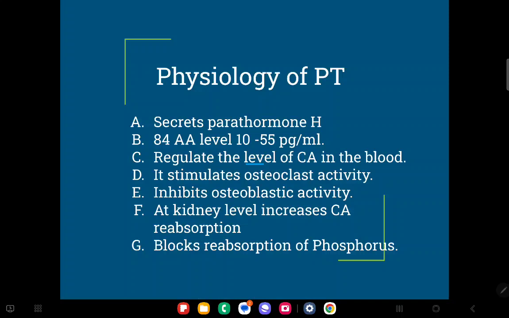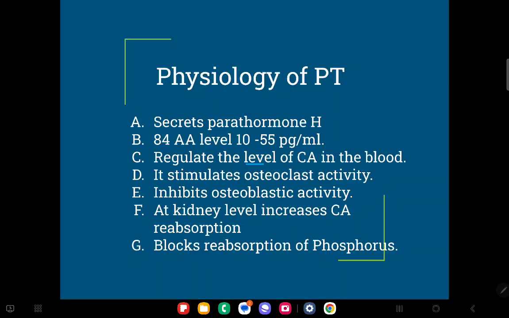Physiology of the parathyroid glands: they secrete an important hormone, which is the PTH, which is an 84 sequence of amino acids. The level usually is from 10 to 55 picogram per mL, and each lab has its own level.